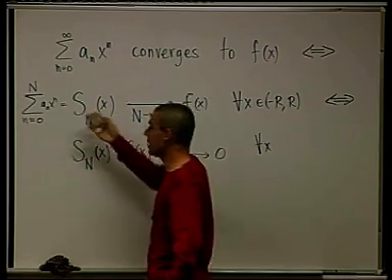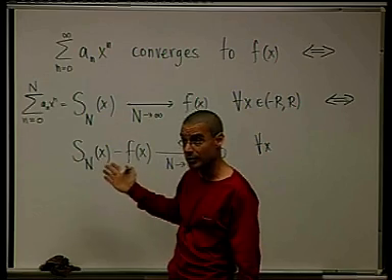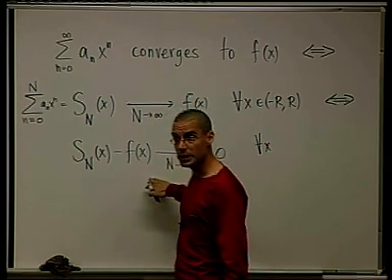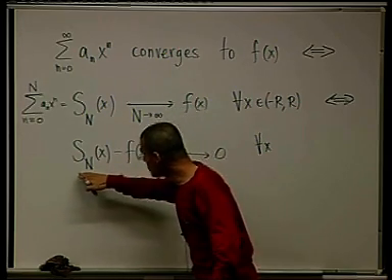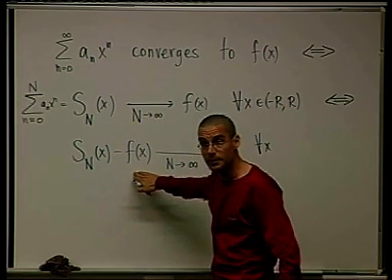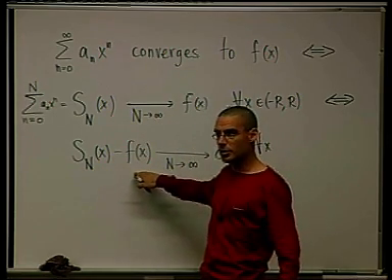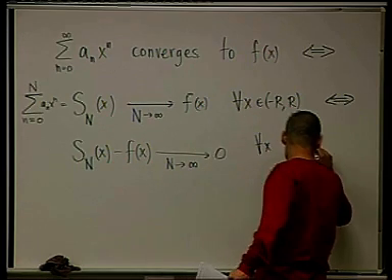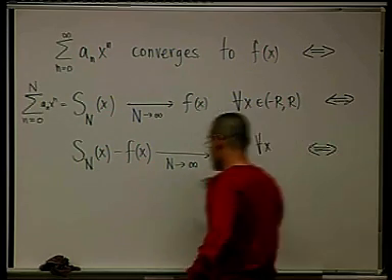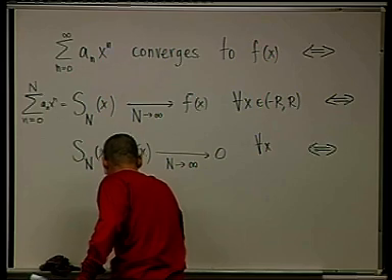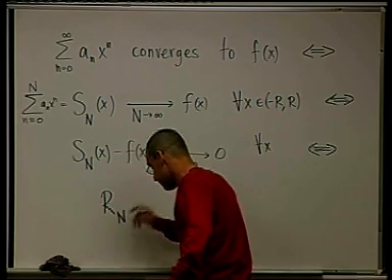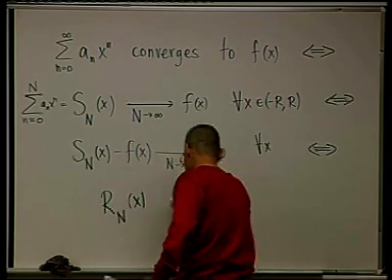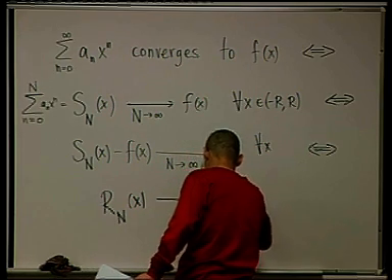I should have called it maybe P_n or T_n. And what's the difference between the polynomial and the function? That's the remainder. So this happens if and only if the remainder R_n(x), for every x, goes to 0.